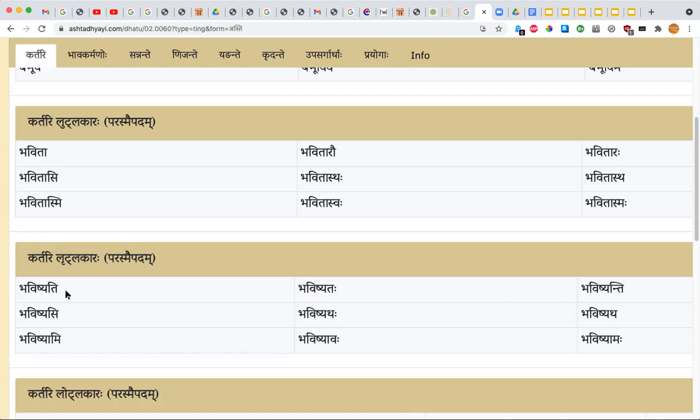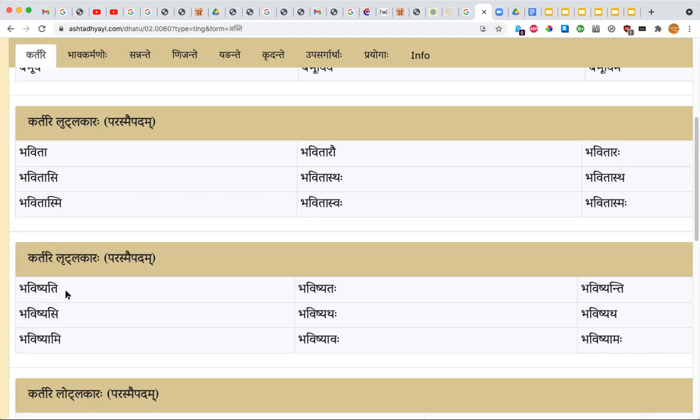Ek prashna prichchhami. Is it necessary for the Vaidya to change? It can be Vaidya only, no?